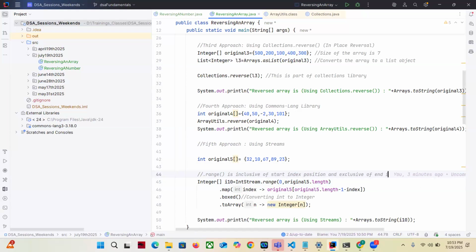So I pass each and every index position. I have to store it in a new array, so I'm mapping the values. Whatever value I'm getting at the 0th index position, map it there. Whatever value I'm getting at the first index position, map it to the first index position. Got it?